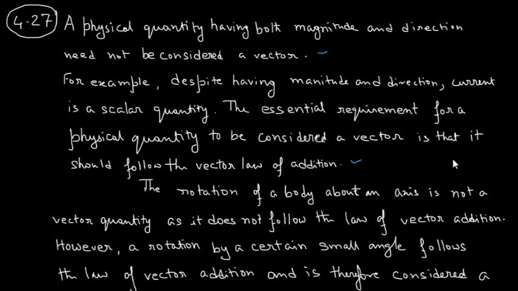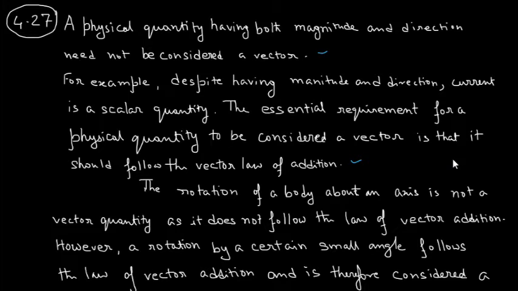A physical quantity having both magnitude and direction need not be considered a vector. For example, despite having magnitude and direction, current is a scalar quantity. The essential requirement for a physical quantity to be considered a vector is that it should follow the vector law of addition.